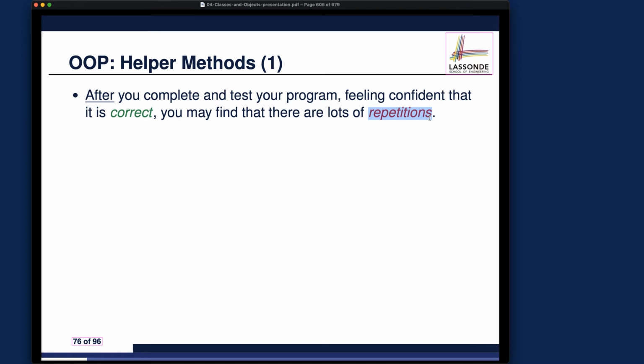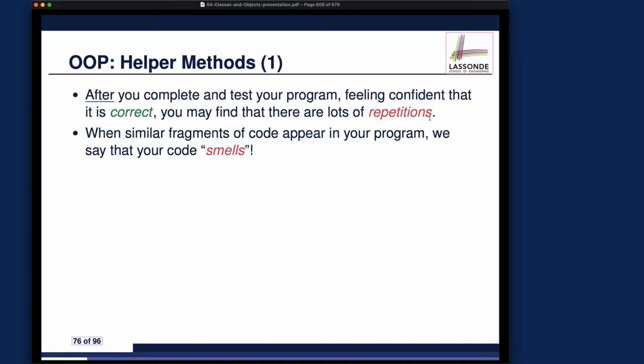Let's now talk about the principle for helper methods. First of all, let's understand why, without using helper methods, getting repetitions would be bad. When similar fragments of code appear in your program, developers like to say your code actually smells, which means it's not as nice as it could be when you don't have any repetition. Exactly why it would be bad involves a little more principle about software design.